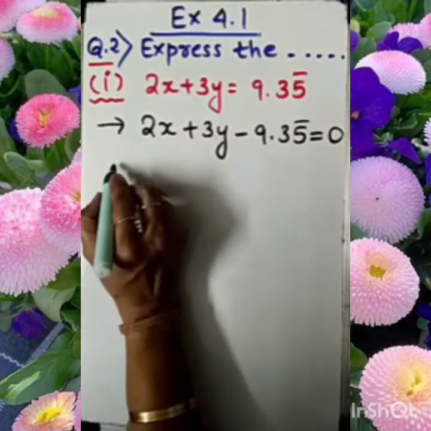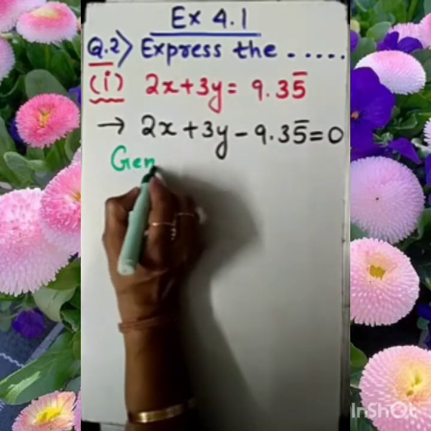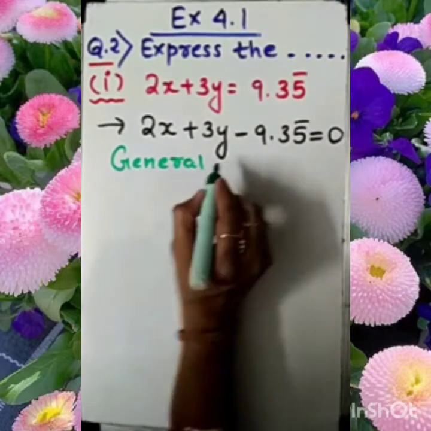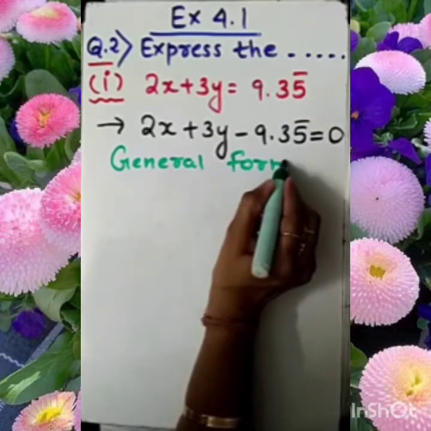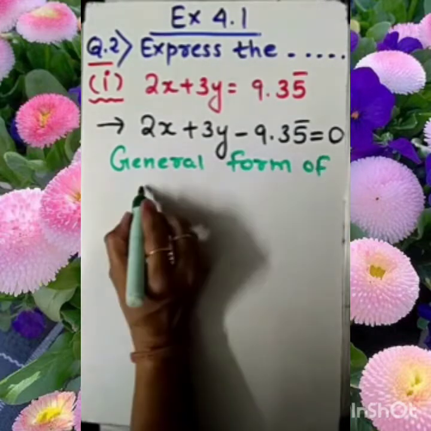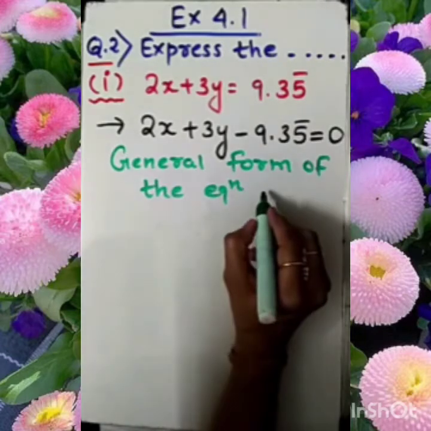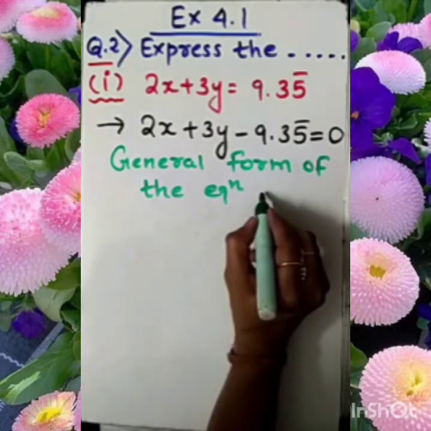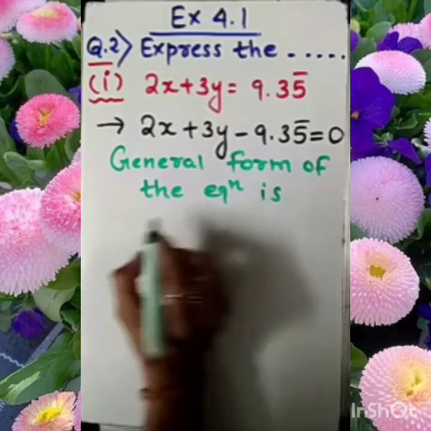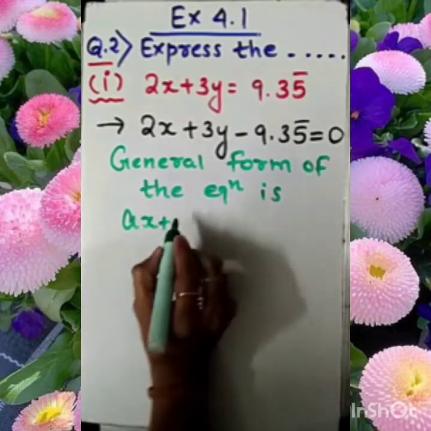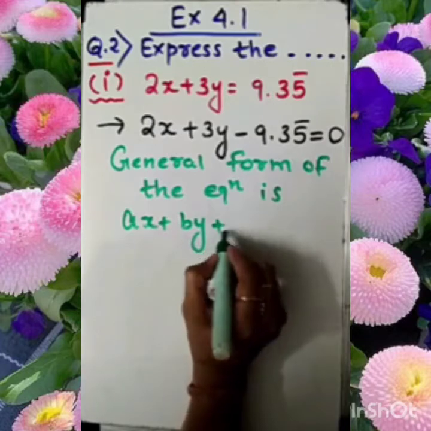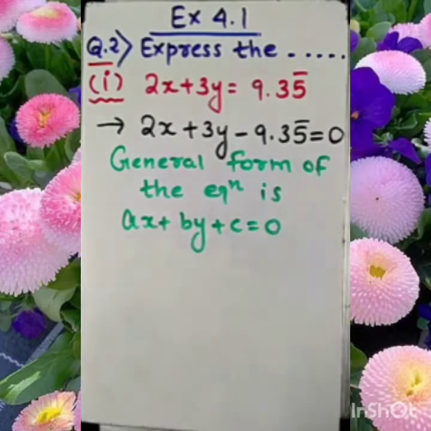Now, please note down the general form of the equation. The general form of the linear equation is ax plus by plus c equal to 0. Okay, this is the general form.